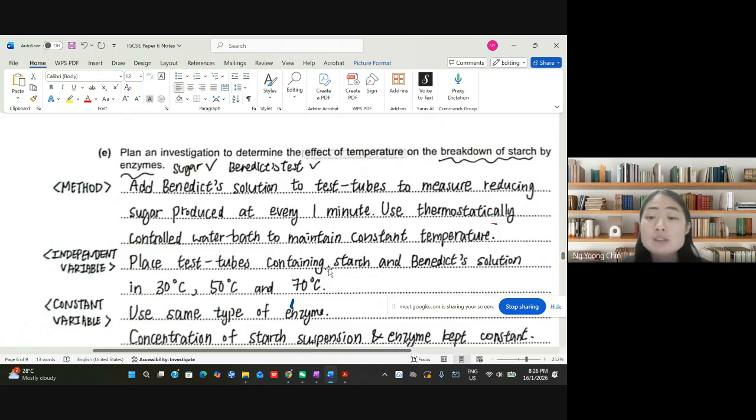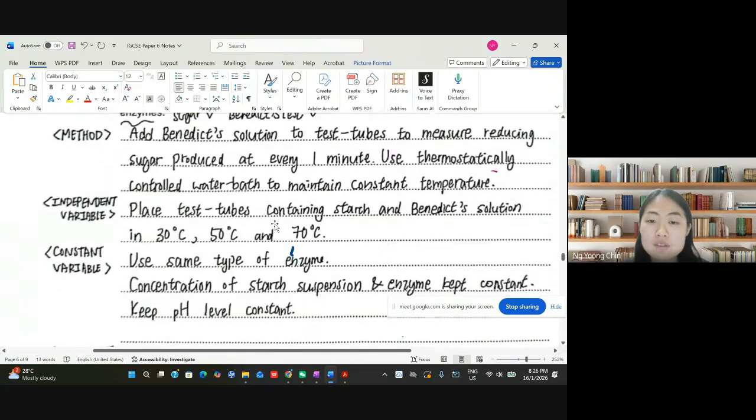It should be around 70 degrees. So you need to do the experiment in the water bath. You need to insert the Benedict's solution into the water bath, so you can warm it up to 70 degrees Celsius and then maintain a constant temperature. So this is the advantage of the water bath, okay? It allows you to maintain a constant temperature.